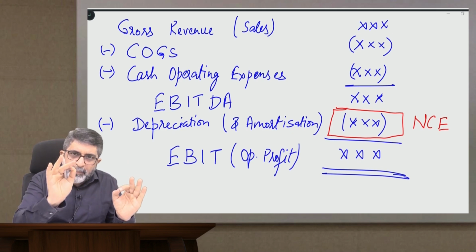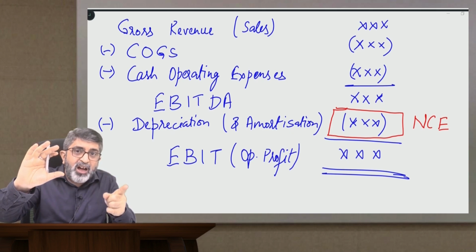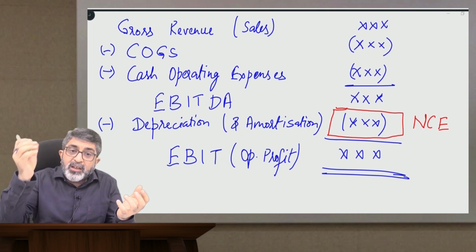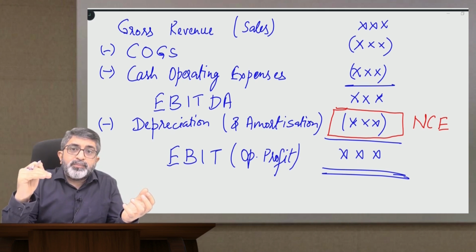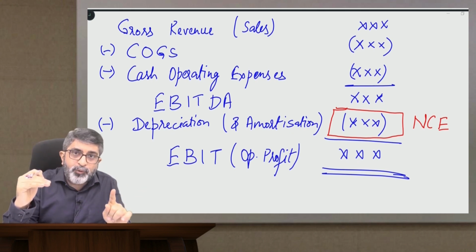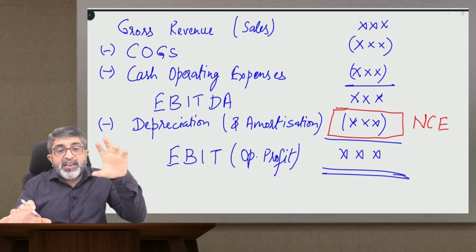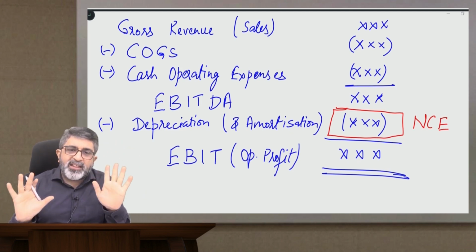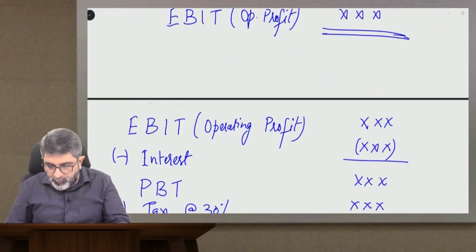So EBITDA is $80,000, which is representing the amount of cash with you that you have generated in the current period. Then depreciation has reduced your profit, but depreciation doesn't reduce your cash flow. So your operating profit has come down to $60,000, but your cash flow is still $80,000. That gap of $20,000 we have observed. That is only one component by far. Moving further.